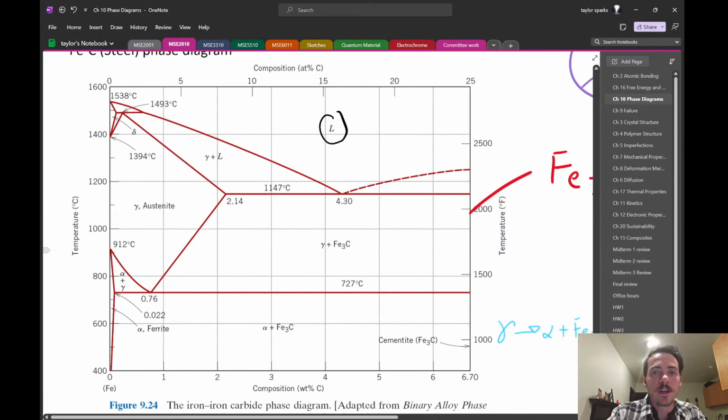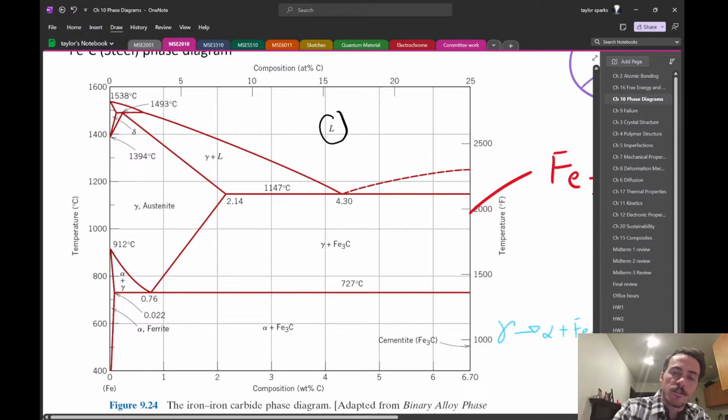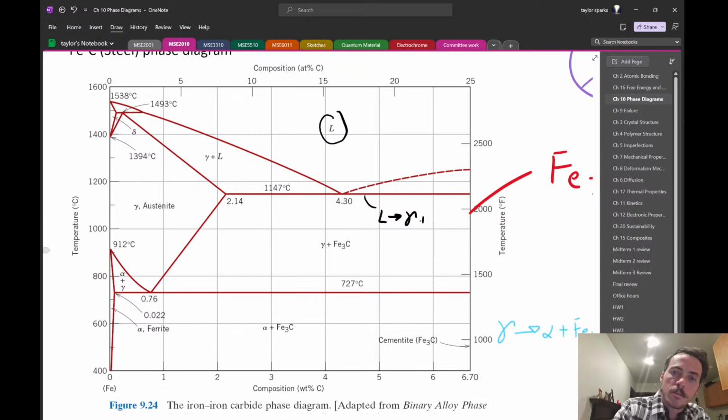If we're going to go from a liquid to 2 different solids, clearly that happens right as you go through the bottom of that V at 4.3 weight % carbon. Because at that reaction, in fact, all along this line, you have liquid going to gamma plus Fe3C, austenite plus cementite. It happens 100% liquid to 100% eutectic composition at that point.